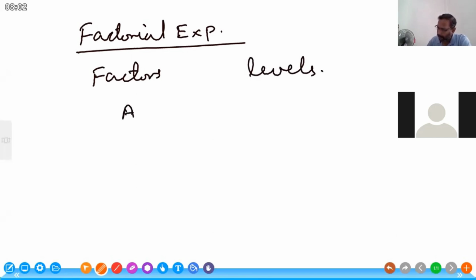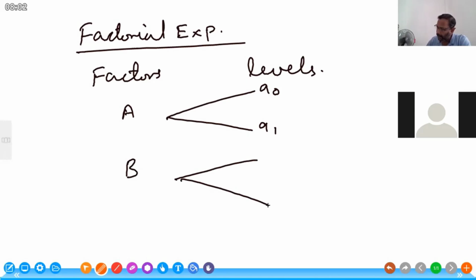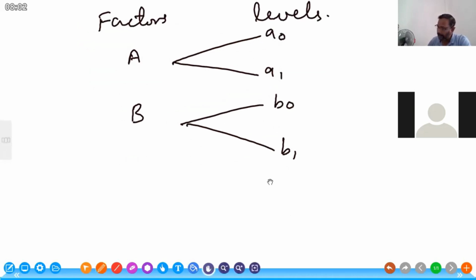Suppose, let's say, you have one factor, factor A, you can have any number of levels, but we are taking an example with 2 levels. And you have factor B. Again, you have 2 levels, B0 and B1. So these are the factors and the levels.